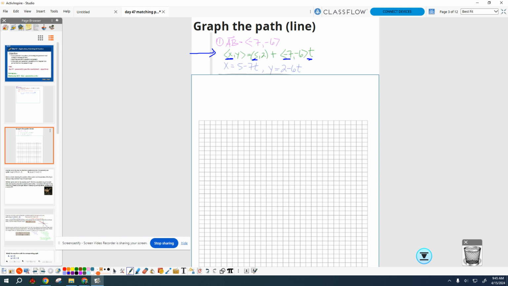So take x equals the x portion of the coordinate plus the x portion of the vector, which changes per unit of time. So have that t on there. The y values as well: y equals the y part of your coordinate plus how it's changing in the y direction each time.